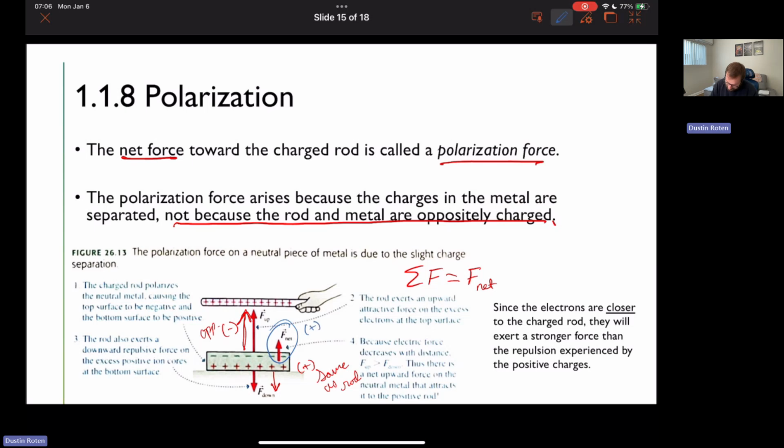So the positive interaction, these protons are actually further away, so they're weaker. You can see the distance does matter. From here to here makes this interaction stronger than these positive ones down here. I've got that noted here. Since the electrons are closer, they're going to win out. That force is going to be stronger than the positive repulsive force.